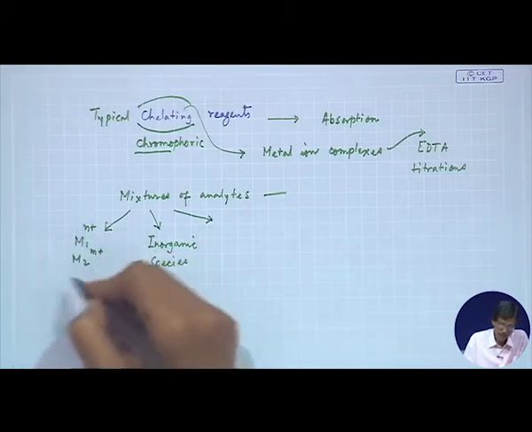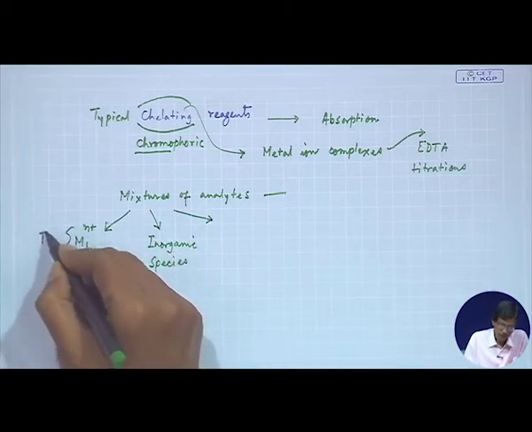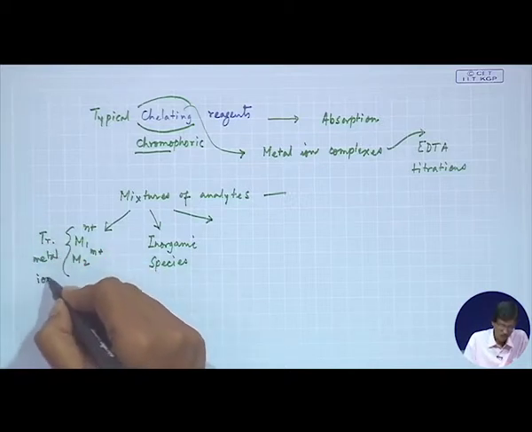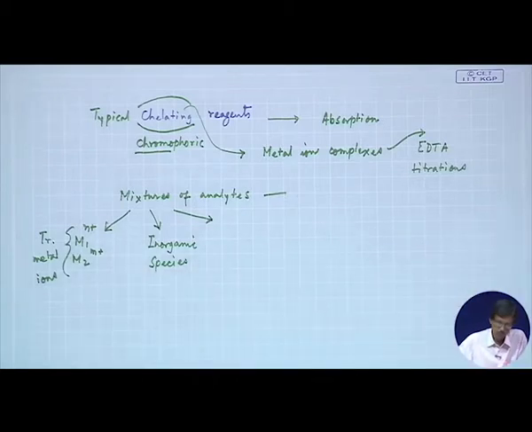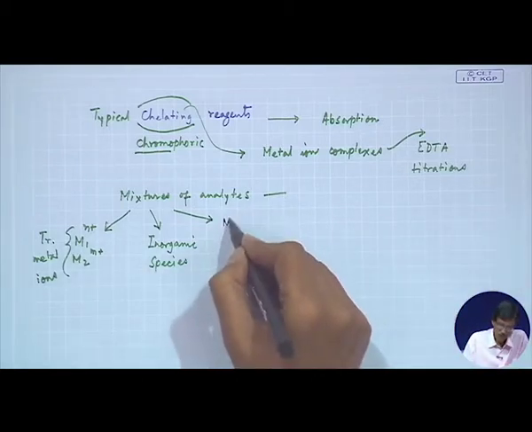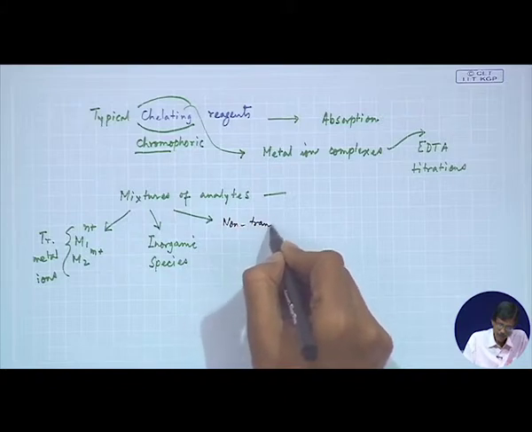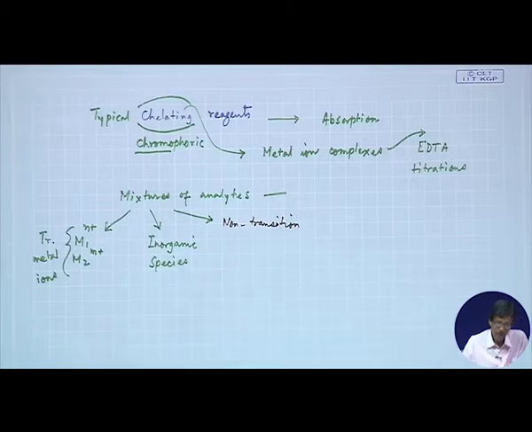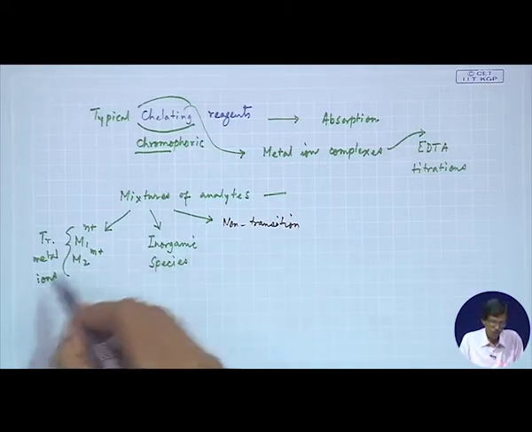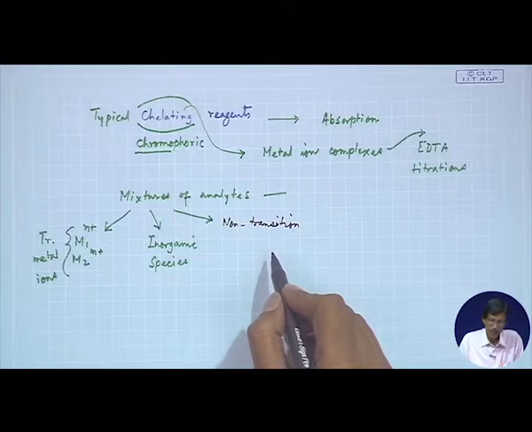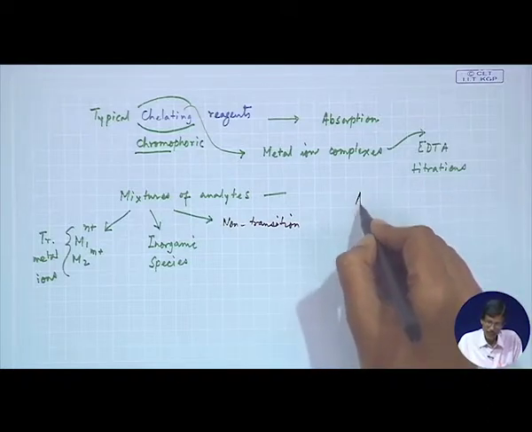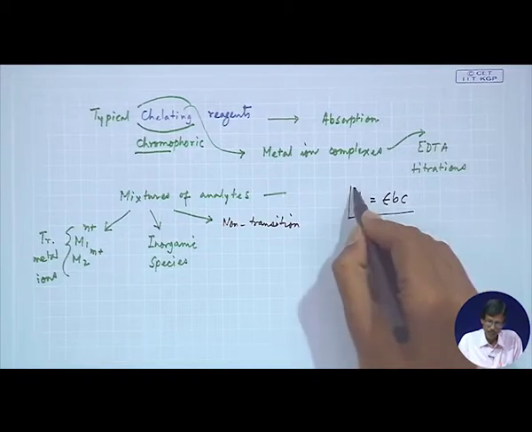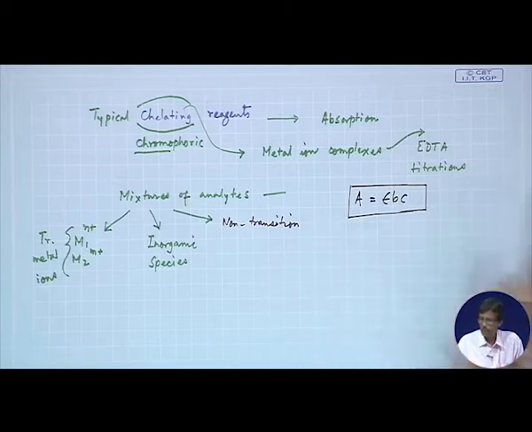That means these two can be your transition metal ions, and these two can be your non-transition. So, we can have these two components, that means we can analyze, and again the very simple thing is that we will be applying that formula to find out this unknown concentration.